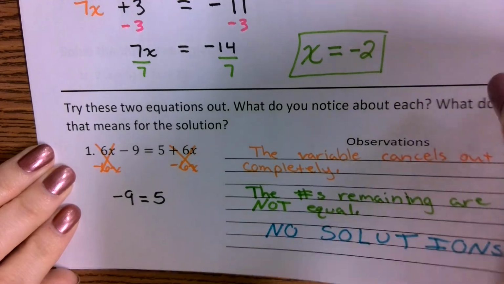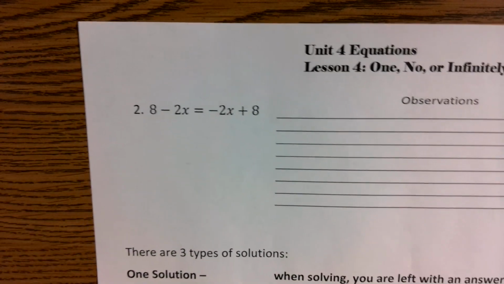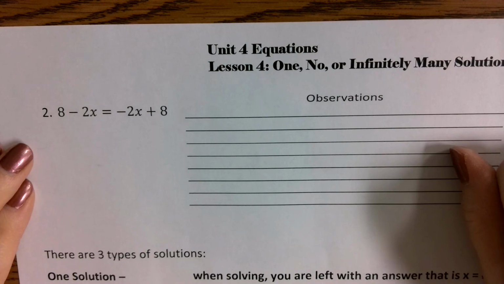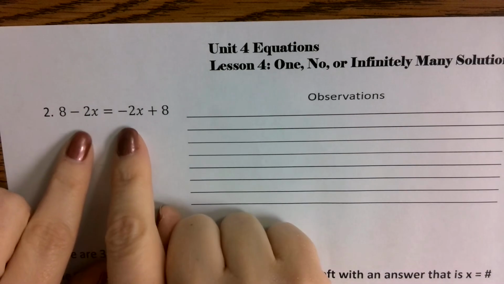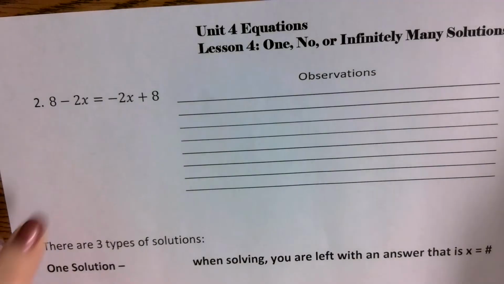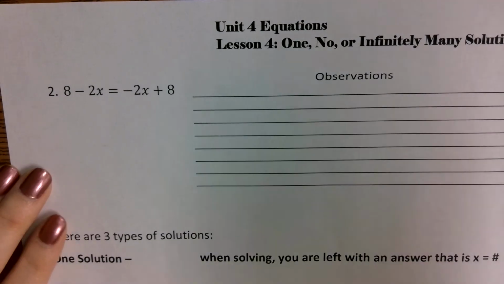What about with problem number 2 then? When we did the same exact thing, what happens again here? First of all, how do we move the variables from one side to the next? Are we going to subtract or add? We're going to add, right?